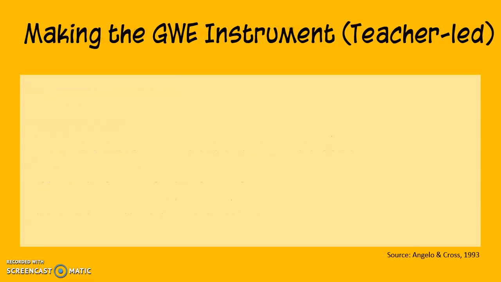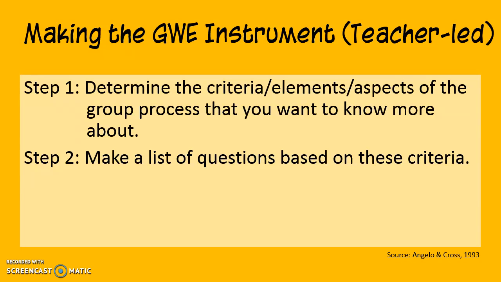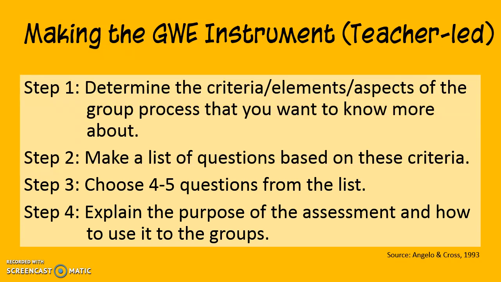In the book by Angelo and Cross, they suggested a few steps in creating questions for the questionnaire. While these were made for the questionnaire, the same steps are also applicable in making other evaluation instruments.